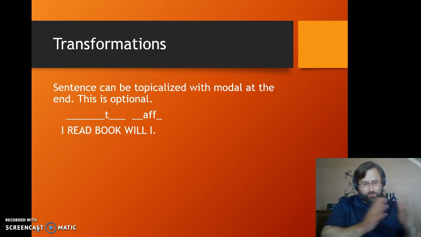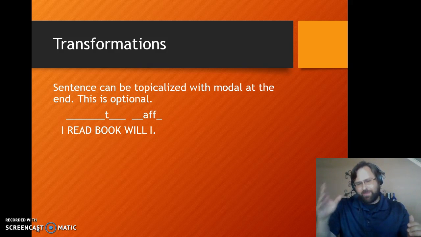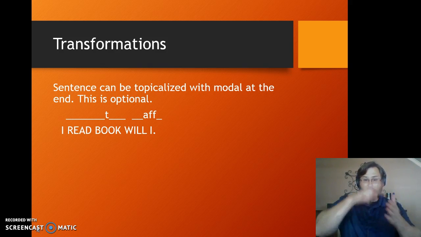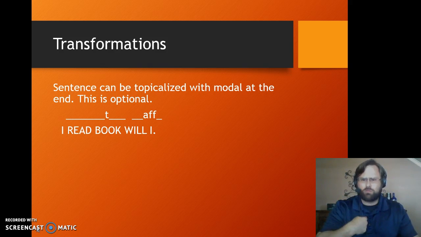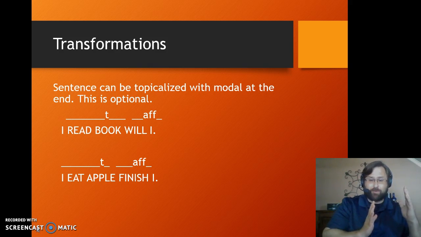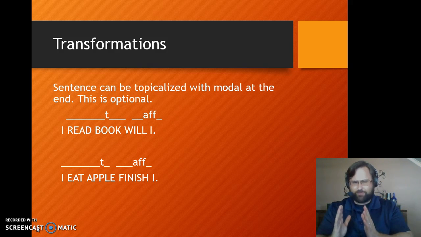So in this, I have the whole sentence topicalized, the modal and the subject repeated under the affirmative, like this. Similarly, I have the sentence topicalized, the modal, and the subject repeated. Again, notice when you have the topic, you have your eyebrows up. During the affirmative, you would have your head shaking up and down.